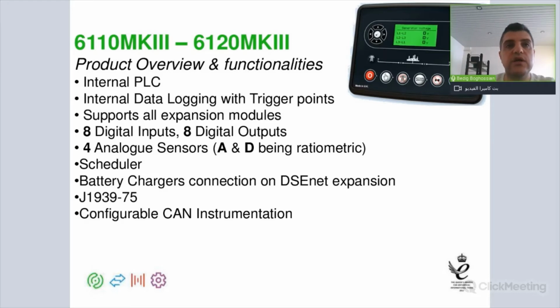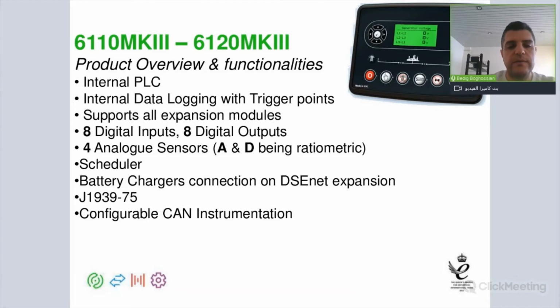So for example, if you need to monitor the engine temperature, you can configure the engine temperature item inside the data logging configuration section, and then the module will be data logging the engine temperature. And you might also be looking at the kilowatt level. If you have a problem with the engine temperature, you know that the engine temperature rises because of overloading.